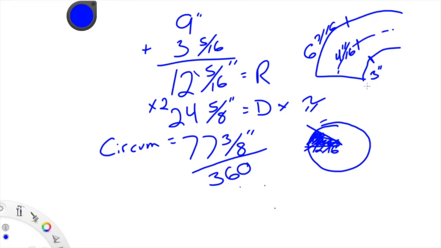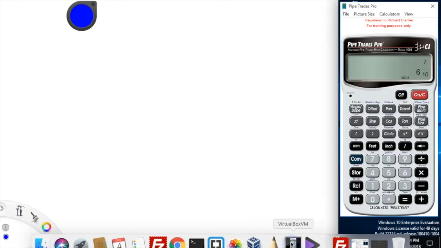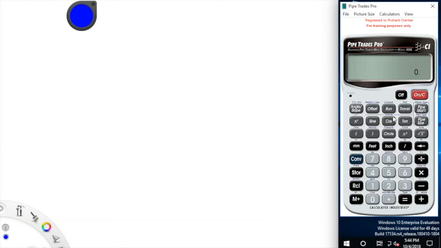Now I'm going to show you a quick way to do this if you don't have the time to do the math. If you don't have the time to do the math, then you have a pipe trades calculator. Easy way to do this, and double check your math if you have the time.